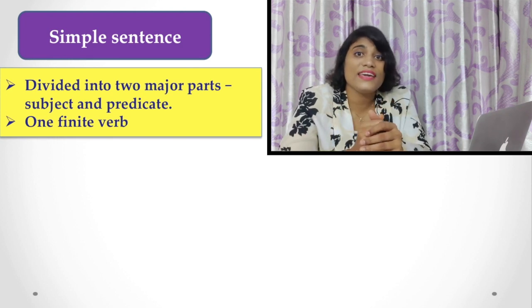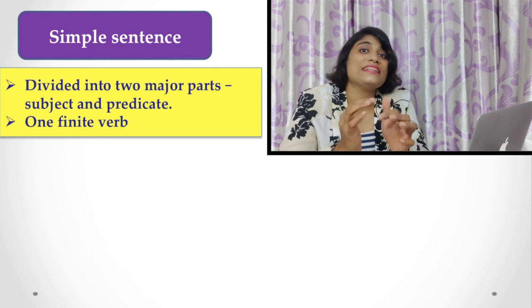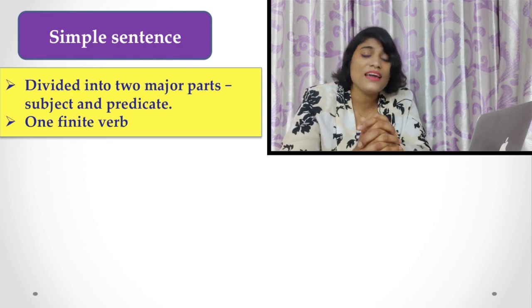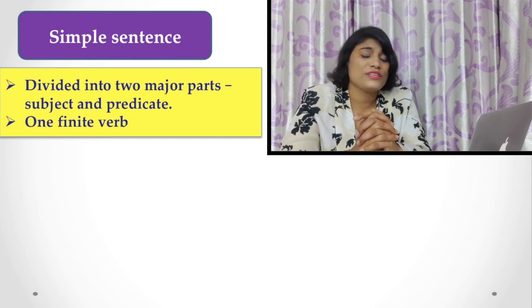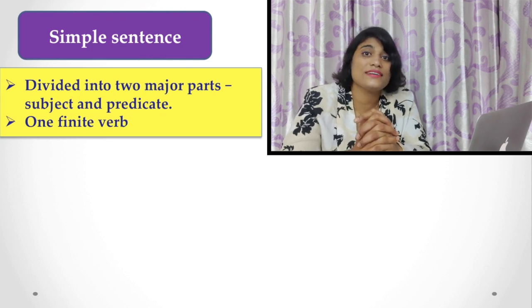But I never say he go there. It is not grammatically correct, because go is a finite verb and this verb changes according to the subject. Similarly, when it is present tense, we say I go, but when it is past tense, we say I went. So this is the thing.